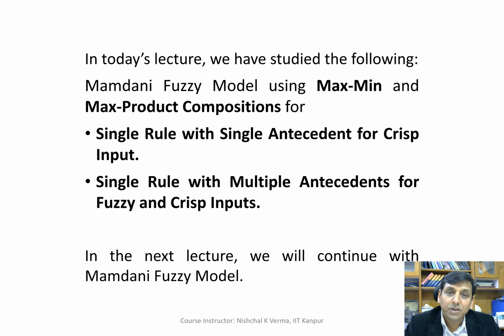So in today's lecture, we have discussed the Mamdani fuzzy model using max min and max product compositions for a single rule with a single antecedent for crisp input. And also the Mamdani fuzzy model using max min and max product compositions for a single rule with multiple antecedents for fuzzy and crisp inputs.